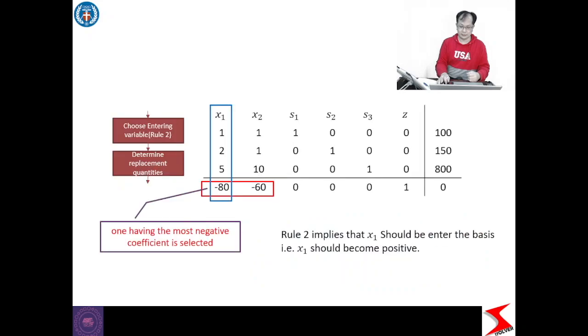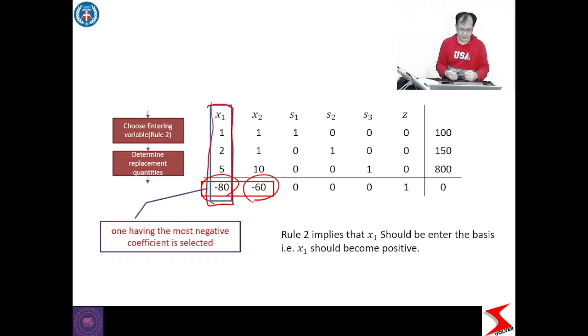Then we continue to find the pivot point, which means we need to determine the entering variable and the leaving variable. First, we determine the entering variable according to Rule 2. Okay, with the minus 80 here and the minus 60 here, we choose the most negative value for the entering variable. So the column will be the blue column here.